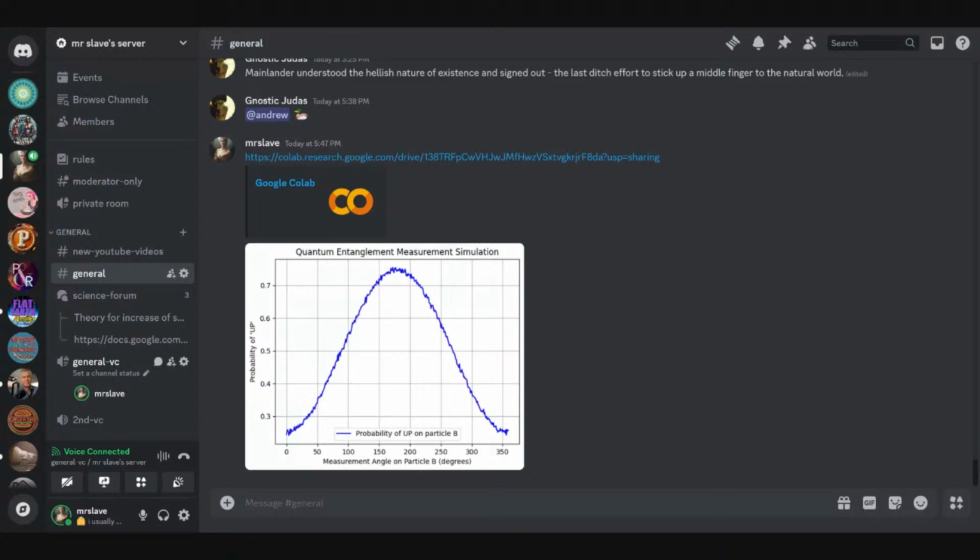Give us infinite money. Quantum computers, give us more money. You don't want to know the truth. You don't care about the truth. You have preconceived notions. This is so funny.